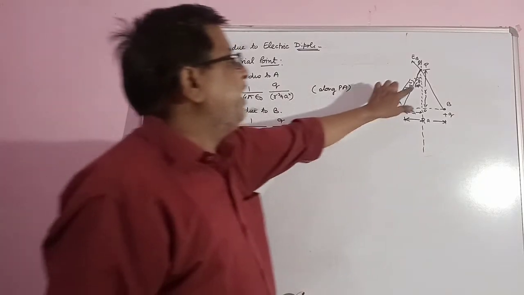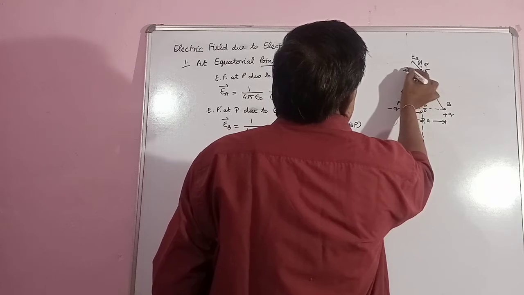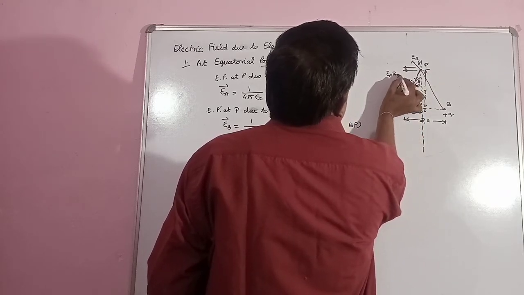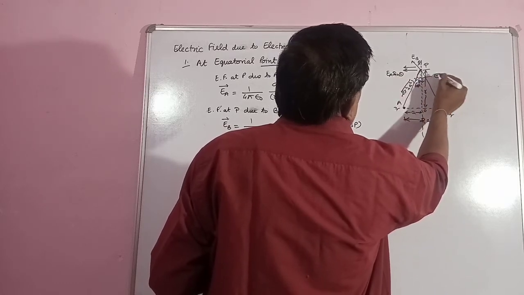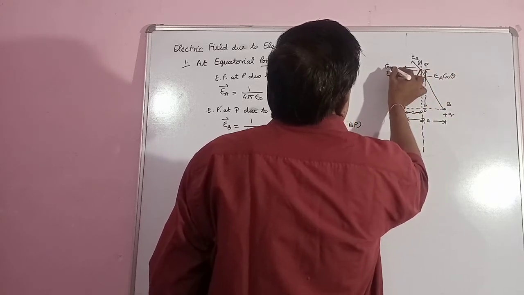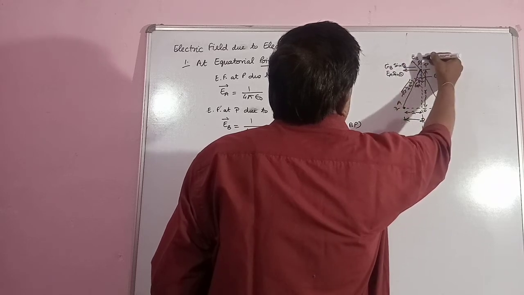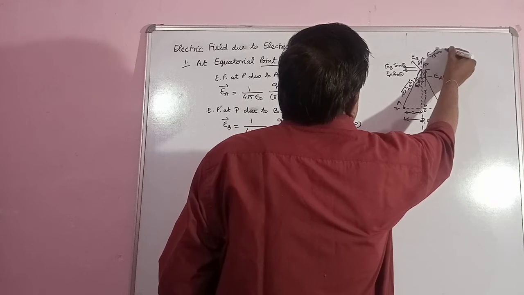On resolving EA and EB, we get EA sin theta and EA cos theta, and EB sin theta and EB cos theta.